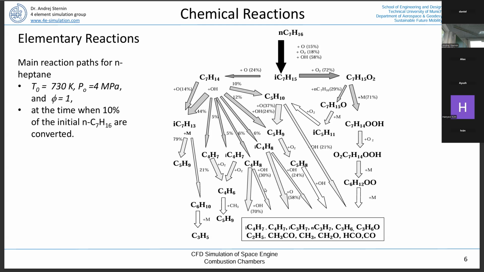So for instance, if we say this would be an important molecule, but this is leading to a path to generate a species which we don't like because it's an emission which we are not allowed to have, we try to either modify this reaction path by lowering the temperature or increasing the temperature or adding some species so that we follow this way and end up in a different kind of reaction.